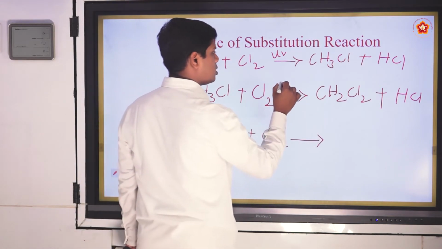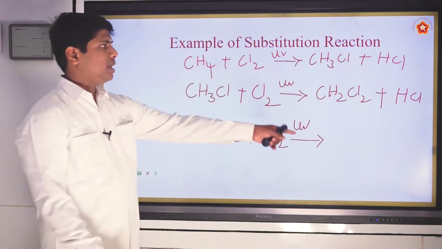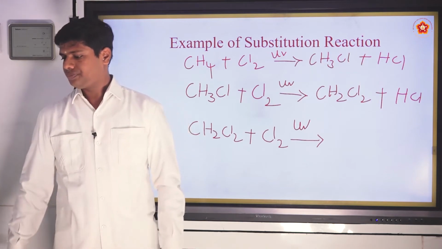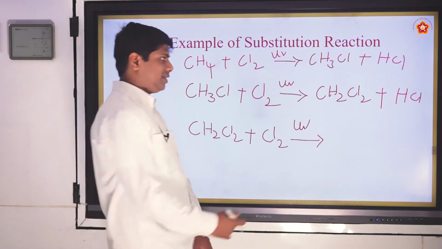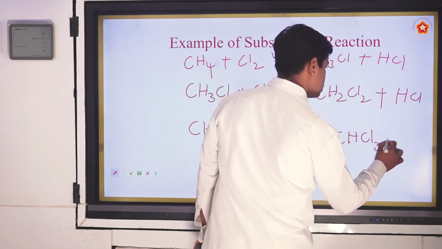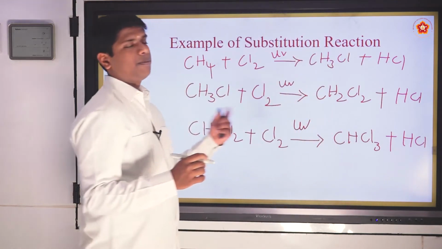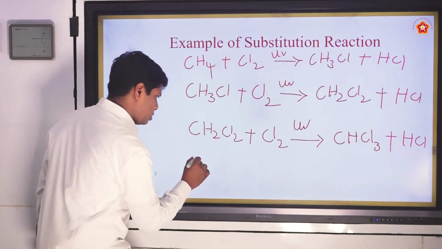It reacts with chlorine in sunlight. What is the product? Please write down. CHCl3. These are all substitution reactions.